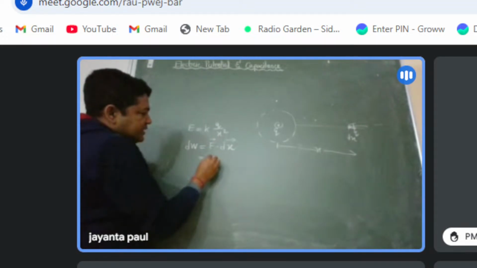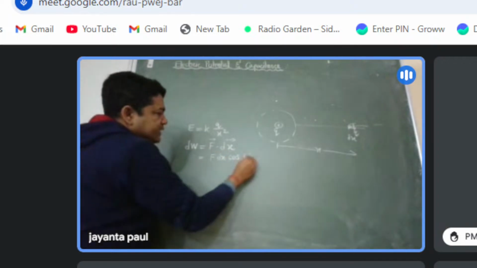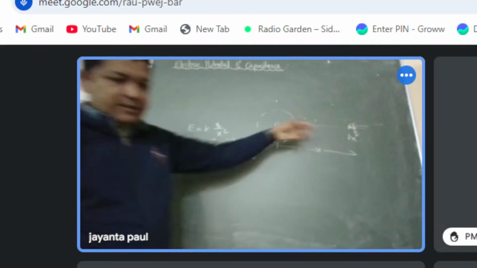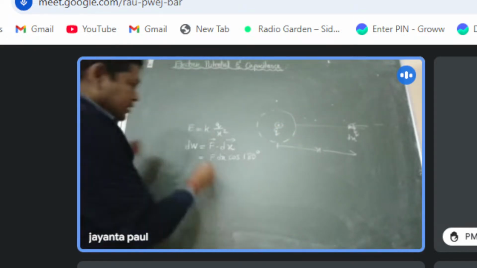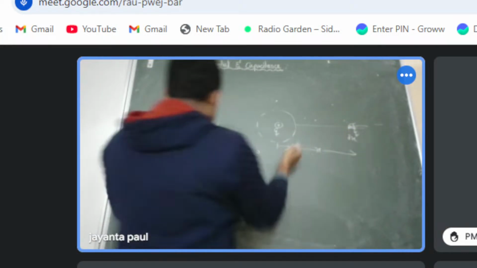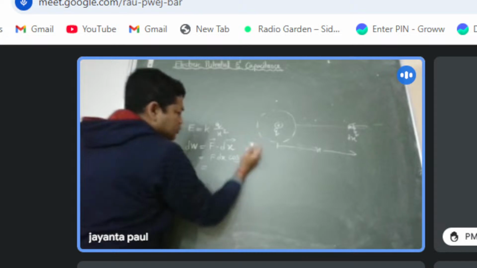So this dw is F dx cos 180 degrees, because the force is against the test charge. The angle between that, okay, let us do it like that one.